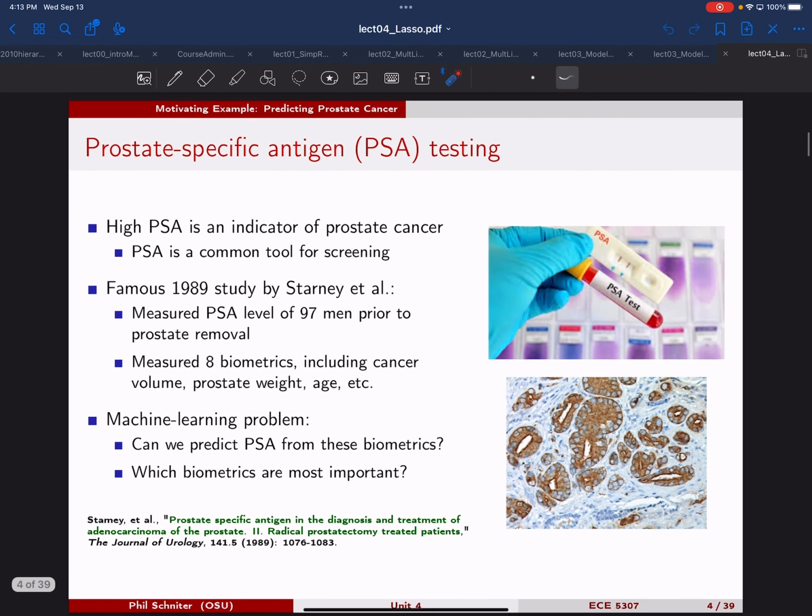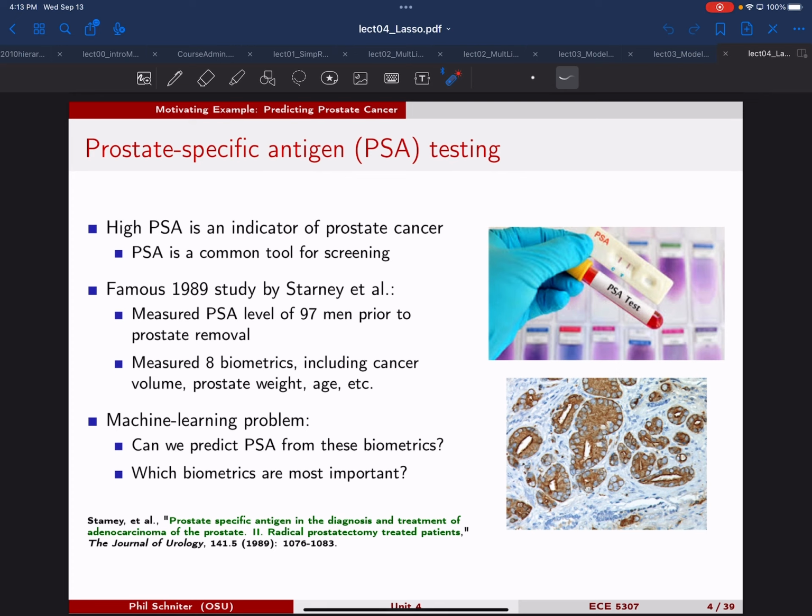Okay, so in this unit, we are going to have a demo that focuses on PSA testing. So PSA testing is the main way that prostate cancer is diagnosed in men. It's just something that you can easily get from a blood test. And so what this particular data set did is it measured the PSA levels on 97 men prior to having their prostates removed.